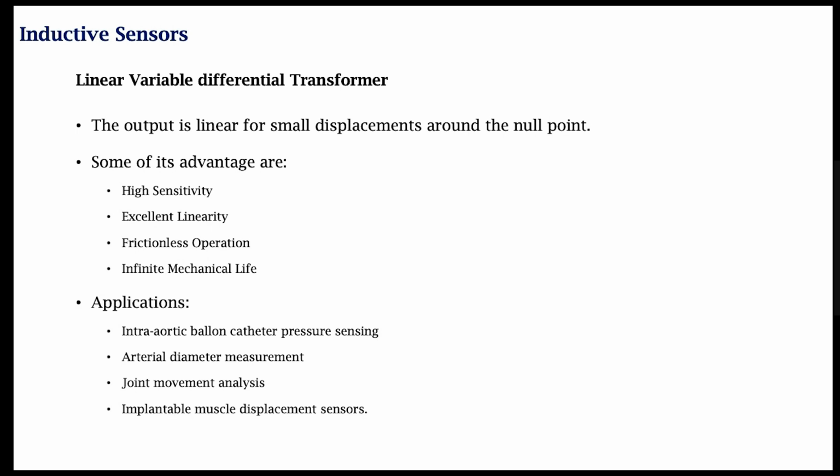So if you use hermetic sealing and captive core design, a design in which the movement of the armature or the core is restricted to a particular axis, then you are going to have an extraordinary amount of accuracy, linearity, and nearly infinite mechanical life, because there is minimal friction.